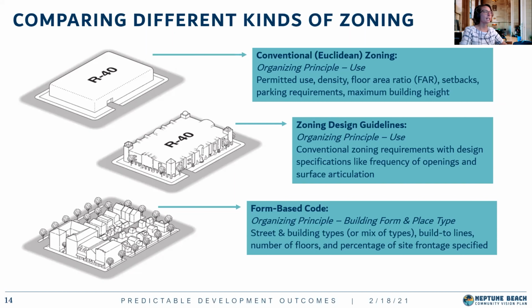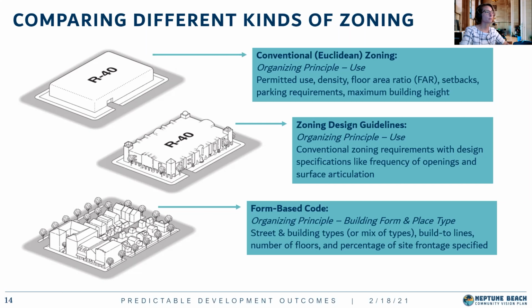Now, you can add what are called design guidelines to conventional zoning, and that gives you a little bit more of an ability to inform the design and specifications of the actual building, especially how the building looks from the outside. But I'll note that design guidelines are typically encouraged, so they're not regulatory. So it's not a way to guarantee a certain type of building necessarily.